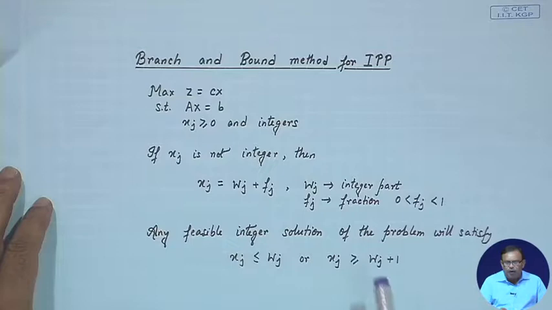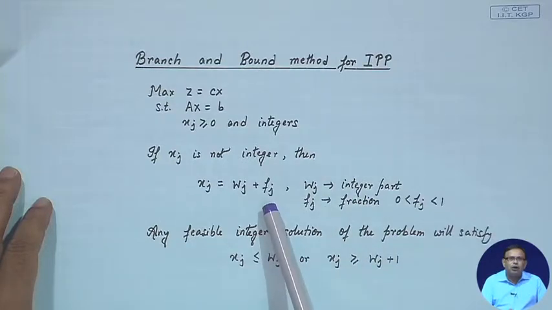Now, any feasible integer solution of the problem must satisfy one of these two conditions: x j less than equals w j, or x j greater than equals w j plus 1, since f j is the fractional part whose value lies between 0 and 1.